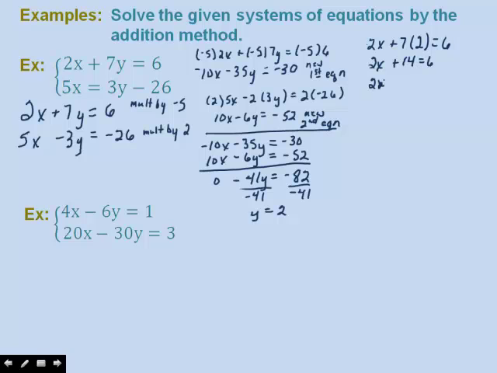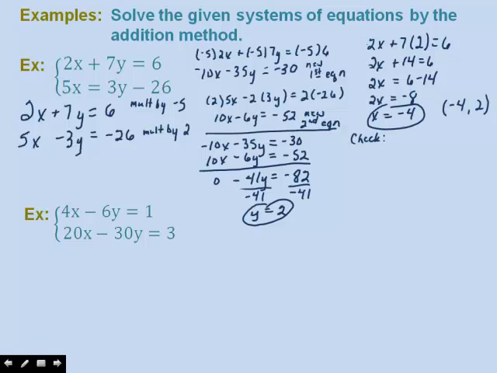If we subtract 14 from both sides, we end up with 2x is equal to negative 8. If we divide both sides by 2, we end up with x is equal to negative 4. So now we have our x is negative 4, our y is equal to 2. That gives us an ordered pair, negative 4, 2.